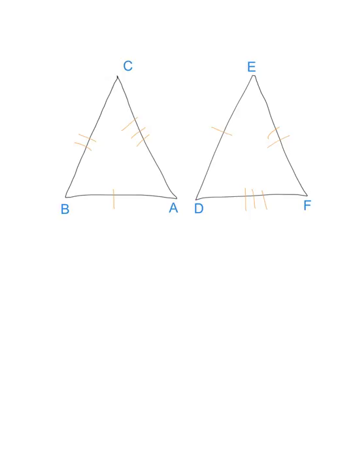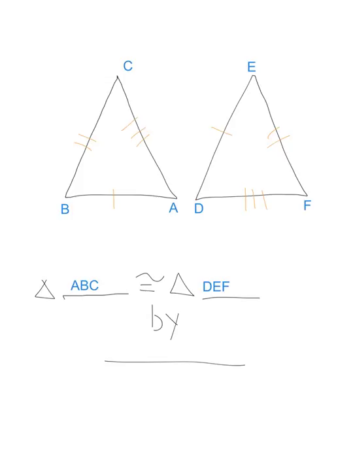Now that it's marked, can we guess which congruence theorem this would be? So we would put triangle ABC is congruent to triangle DEF, and that is because this is the congruency for side, side, side.